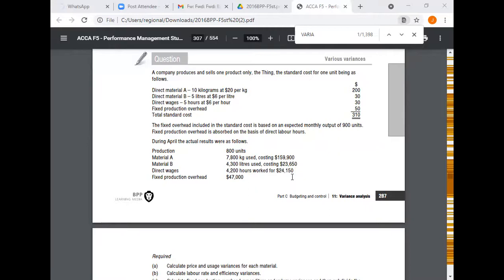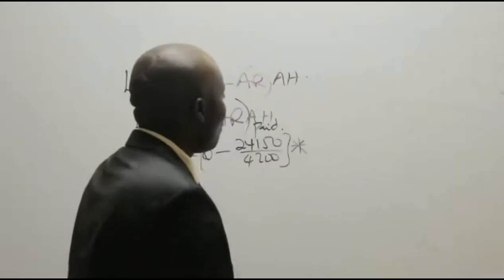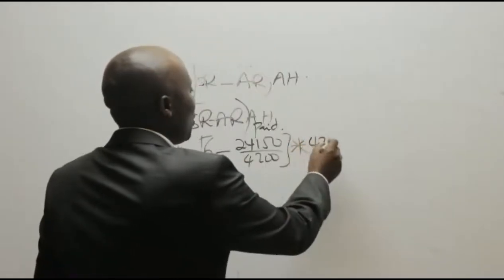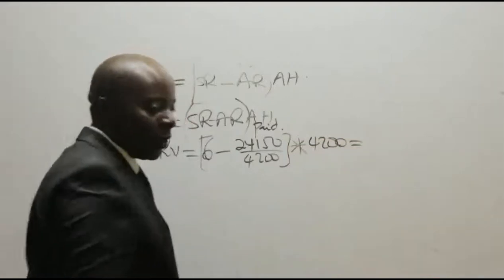Here they're not differentiating between actual hours paid and actual hours worked. So the actual hours paid will be the ones that we have here, which are 4,200. Could you kindly give us the final answer?